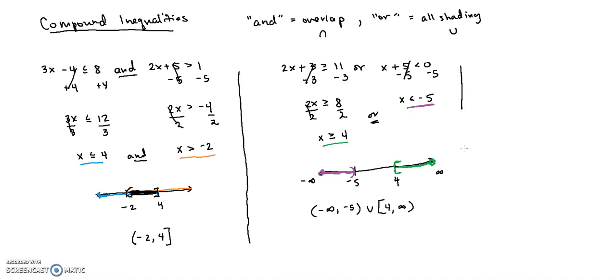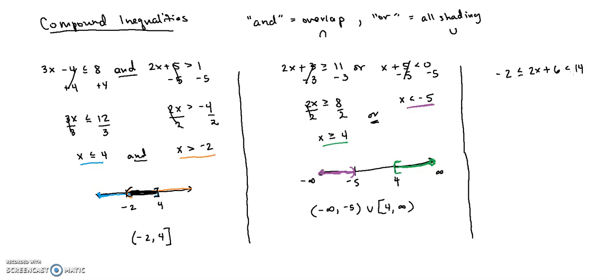And then we've got one more type of compound inequality, and that is where it's actually an and statement, but it's written as one inequality. It's written as a two-sided inequality. So let's say we have negative 2 less than or equal to 2x plus 6 less than 14.